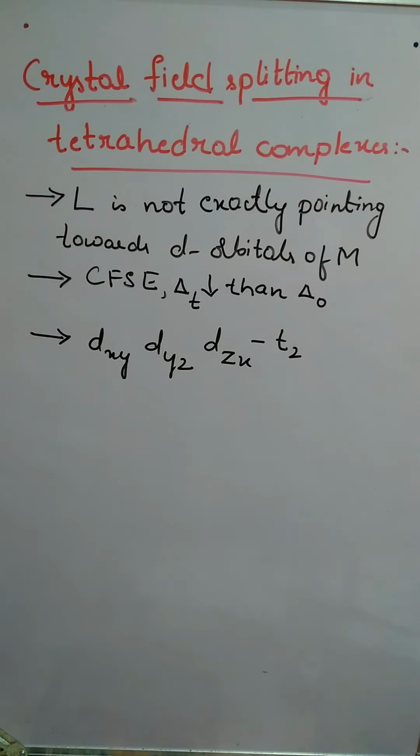Which are the E set orbitals? Those are dx square minus y square and dz square.